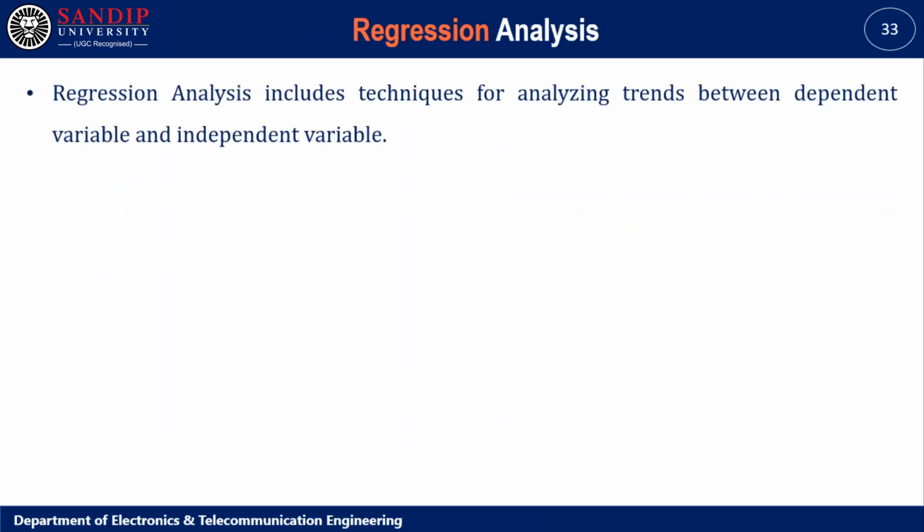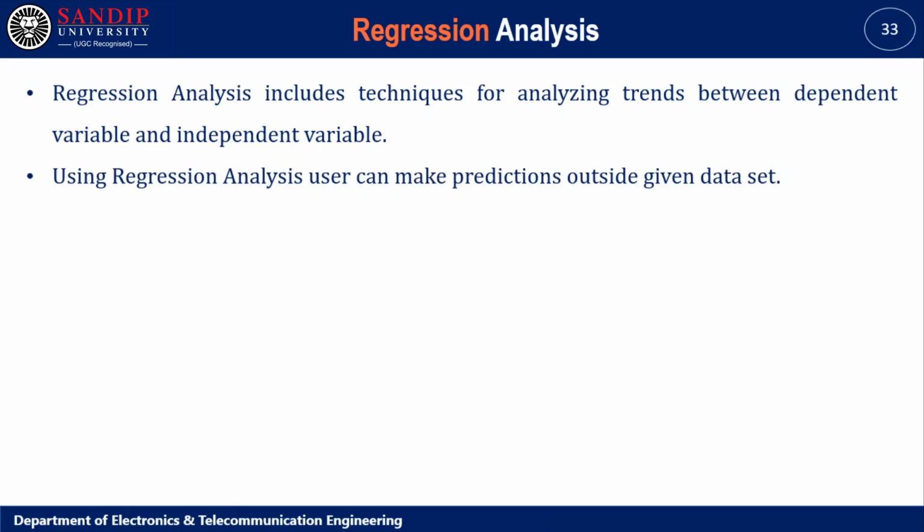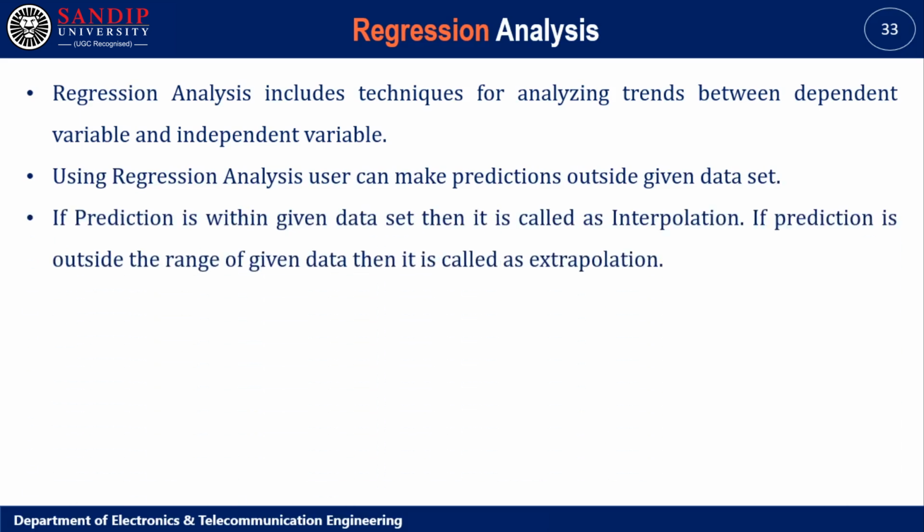Regression analysis. Regression analysis includes techniques for analyzing trends between a dependent variable and independent variables. Using regression analysis, the user can make predictions outside the given dataset. If the prediction is within the given dataset, it is called interpolation.